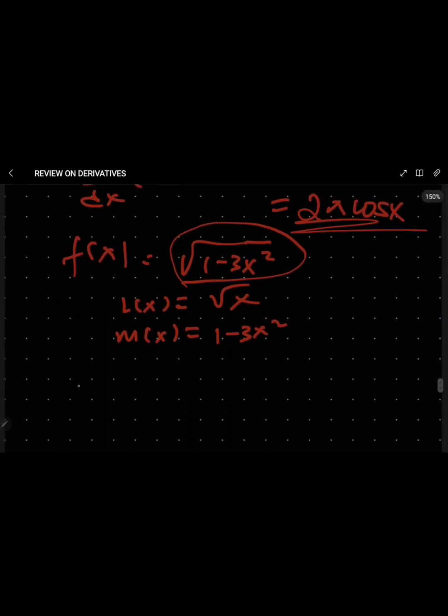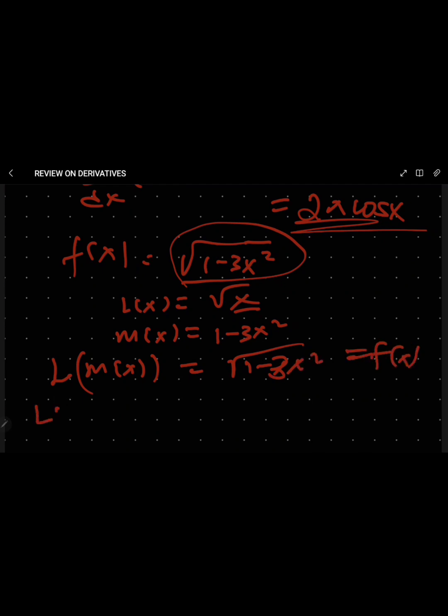But what is L of m of x? Meaning when you insert m of x into that x, you get the square root of 1 minus 3x squared. So that is f of x. L of m is like f of x.